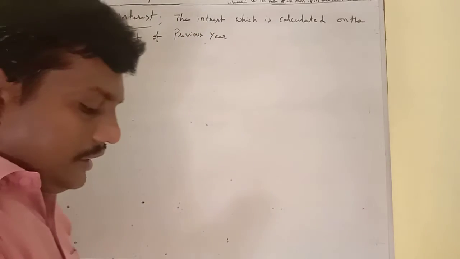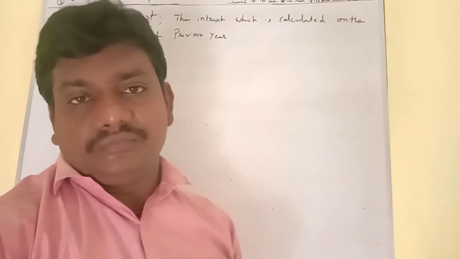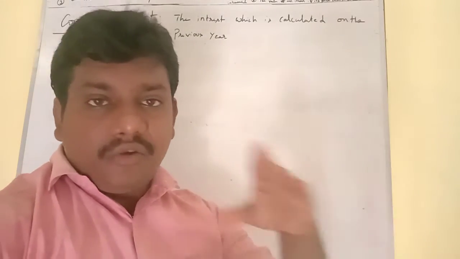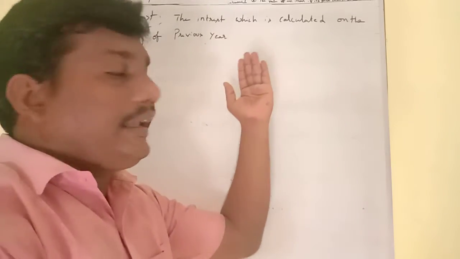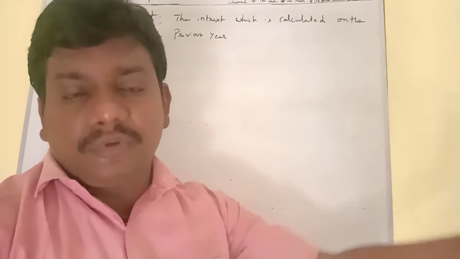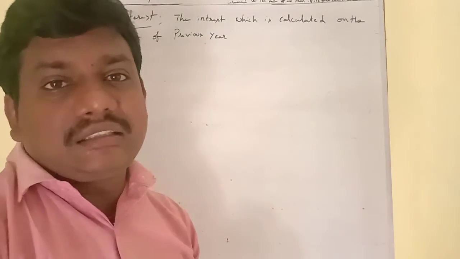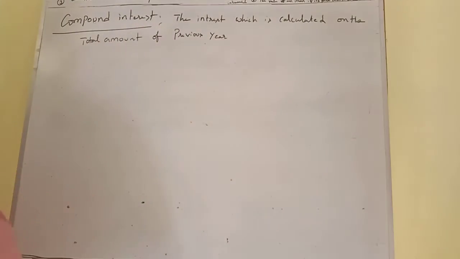Simply, we are going to find interest on interest also. Previously in simple interest we calculated interest on principal. Now we are going to calculate interest on the interest and the principal of the previous year. That is called amount. This is called compound interest.